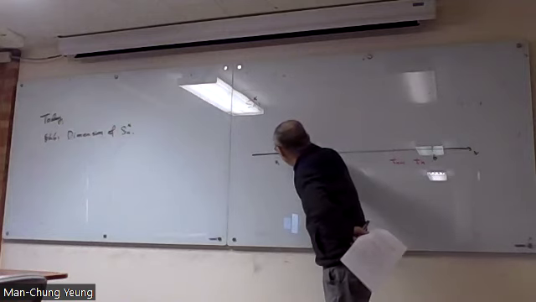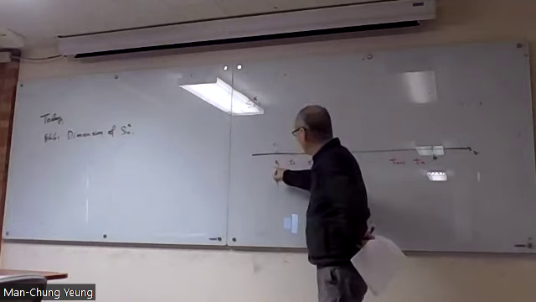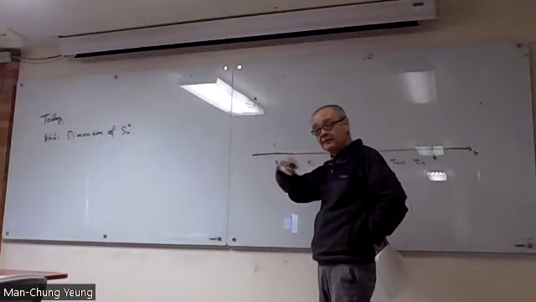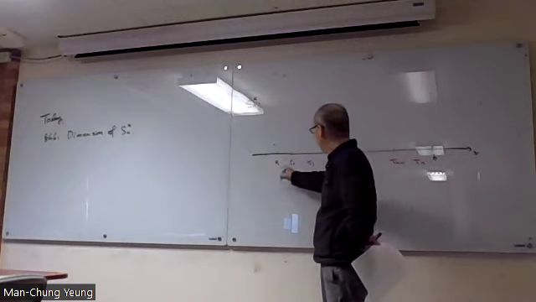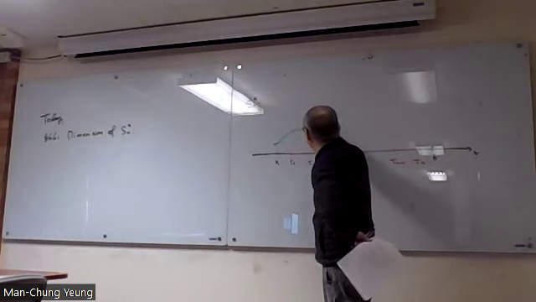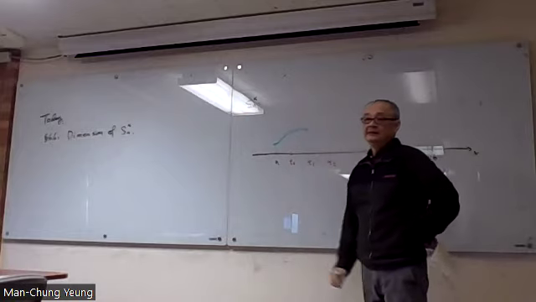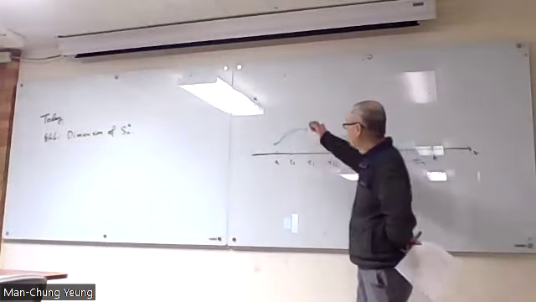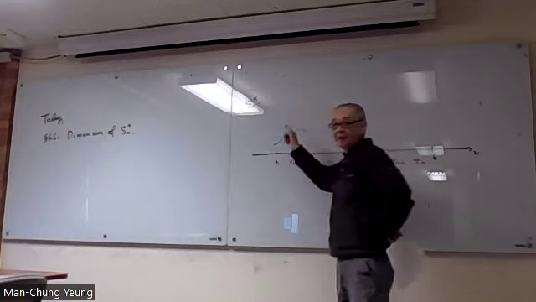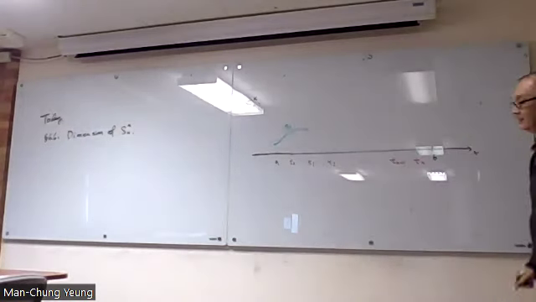So here, open, A to B, this interval is an open interval. A to T1, polynomial. According to the book, denote the polynomial by S0. This is a polynomial of degree k.